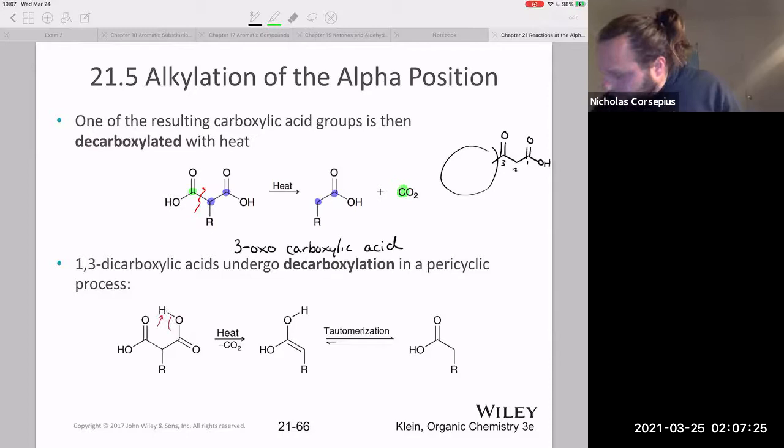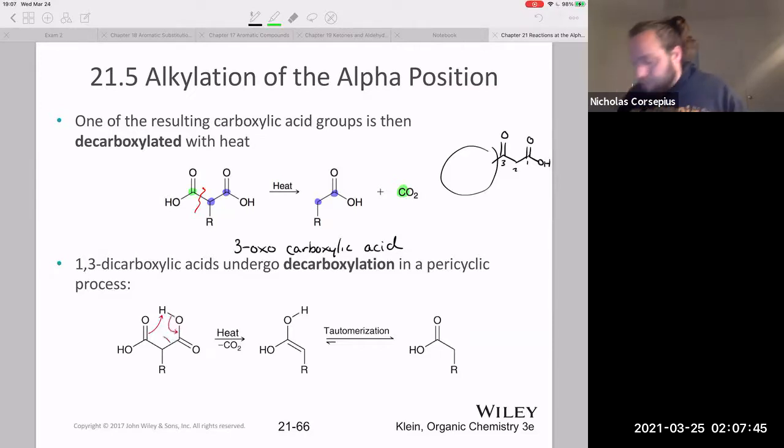So what happens is the pair of electrons from your oxo group, your carbonyl group, comes up and grabs that hydrogen from the carboxylic acid tip.